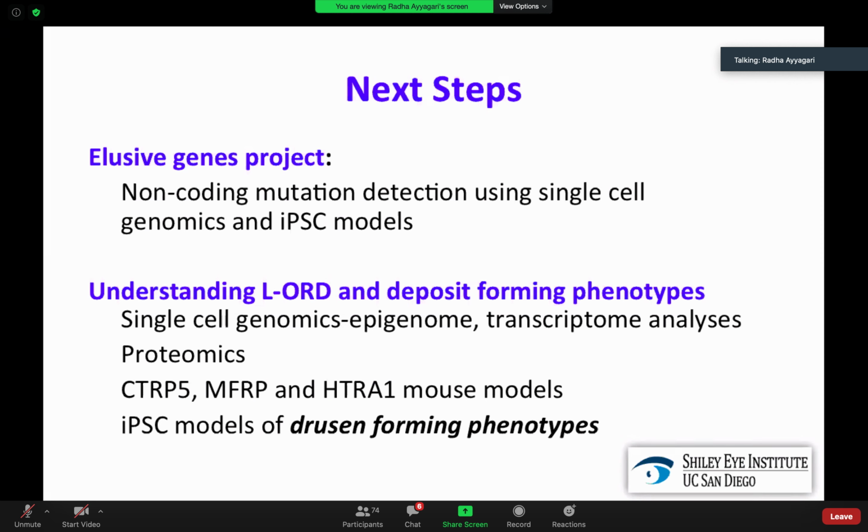That will first tell us whether HTRA1 indeed has any impact on CTRP5-associated disease. One of my major concerns is that it's a protease and it's present in several cells, so we need to understand further to be able to address these questions. Thank you.